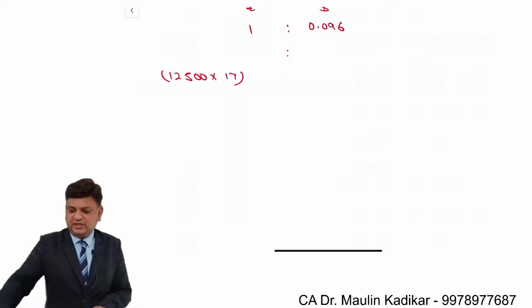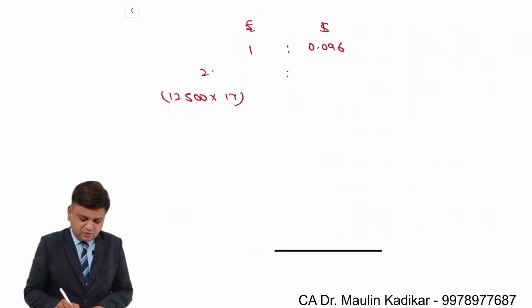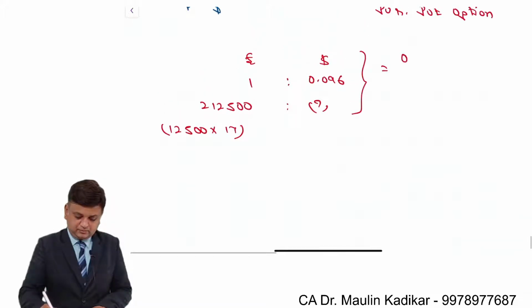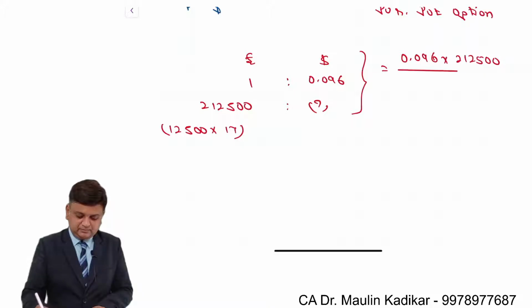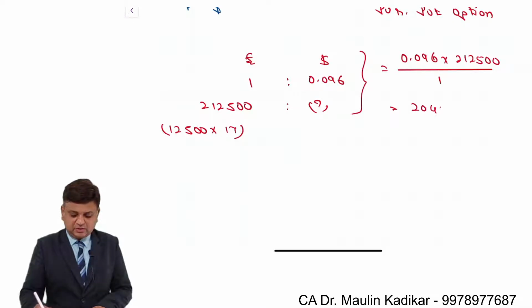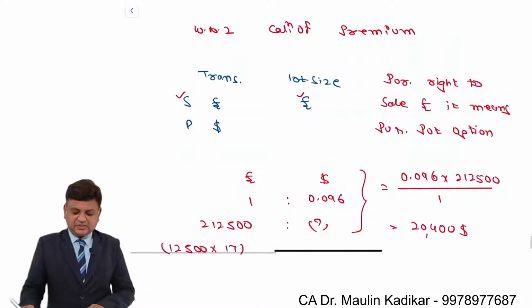This is the number of contracts that you are going to sell, so this is the amount of the pound that you are going to sell. 2,12,500 pound is equal to this amount of dollar. 0.096 into 2,12,500 divided by 1. So the answer comes to 20,400 US dollar.